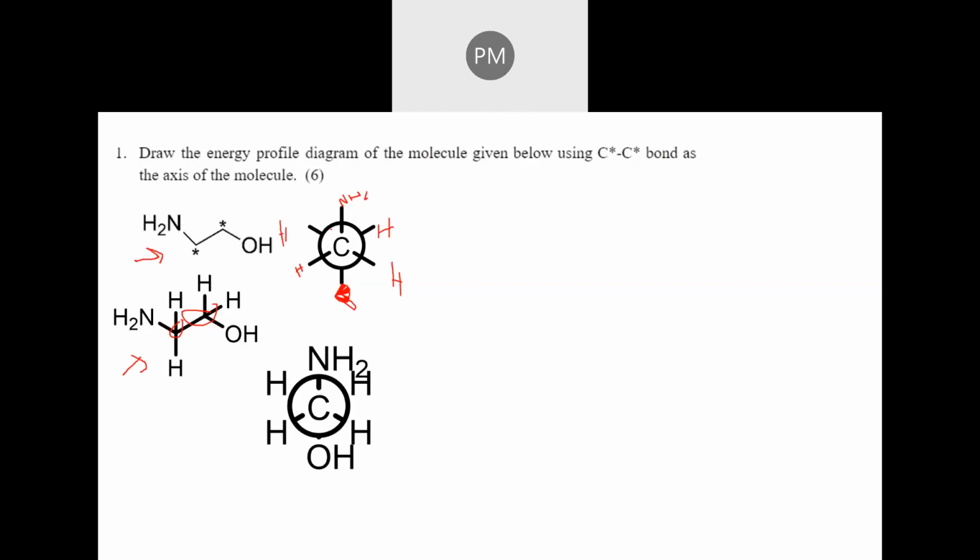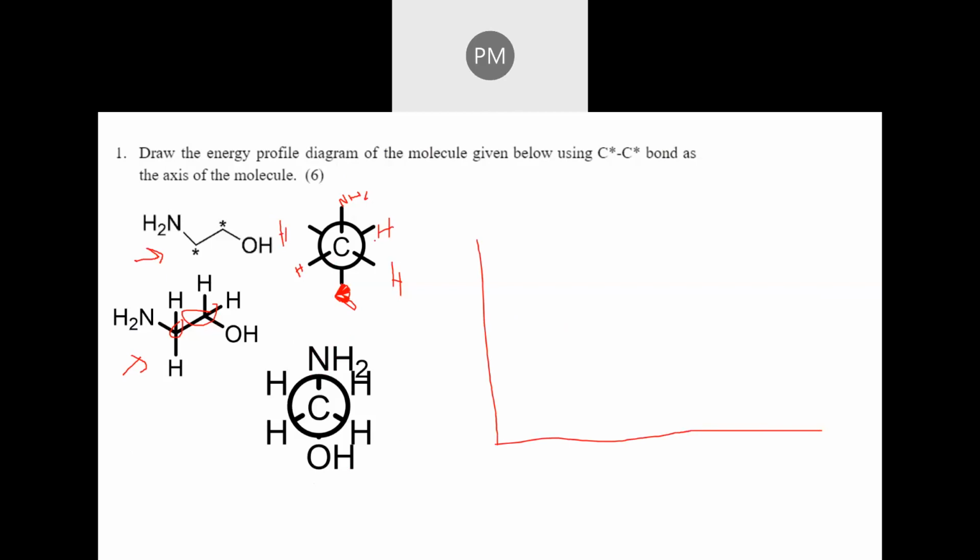So in this case, we have to draw the energy profile diagram. Similar to the earlier cases, we have to draw all the possible conformations, then the energy profile diagram. And I also told that if some hydrogen bonding happens within the molecule, there will be an NH2 group and an OH group.